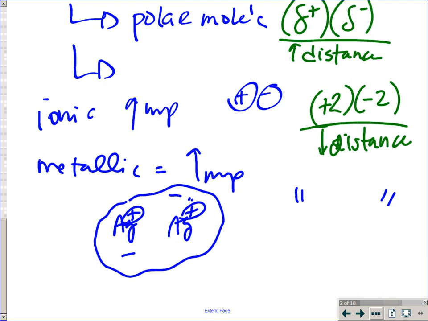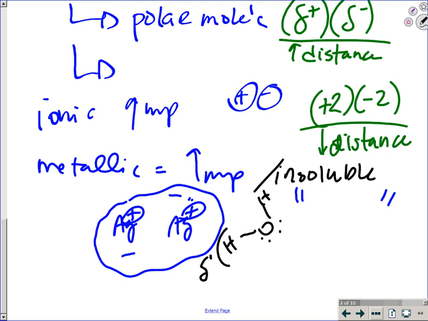Who is insoluble in water? Okay, why? Okay, what does water look like? Okay, it's bent, right? It's a polar structure. So H, O, H. Water's got its little partial negative here, right? And a partial positive.